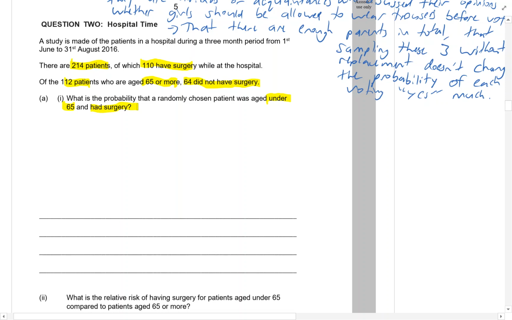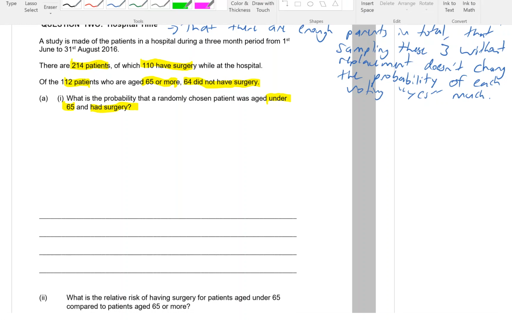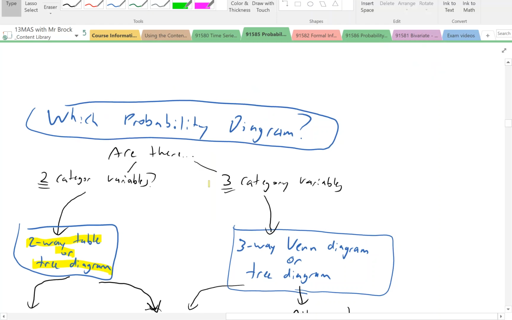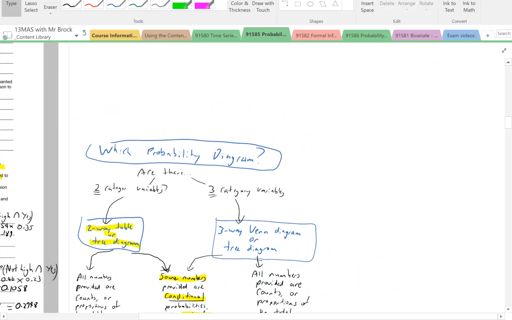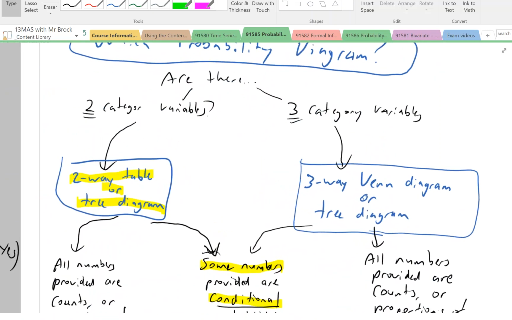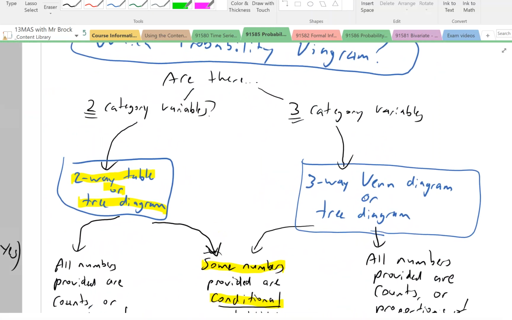Okay, so we need to decide which probability diagram is going to be most useful for representing this information. So let's go to our flow diagram. So here we are. The first thing we need to decide is, are there 2 category variables or 3 category variables?